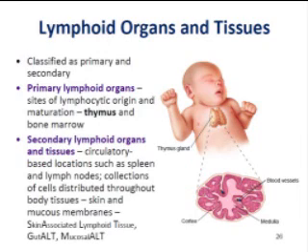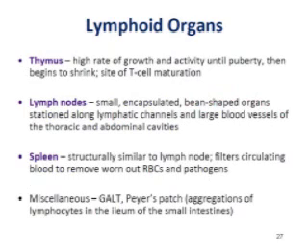The thymus has a high rate of growth and activity, so that's the organ that's important for the lymph system. It's really important in the beginning, and then it begins to slow down its production. It's also the site of T-cell maturation, but we'll talk about that on Wednesday. And then the lymph nodes, we already talked about those.